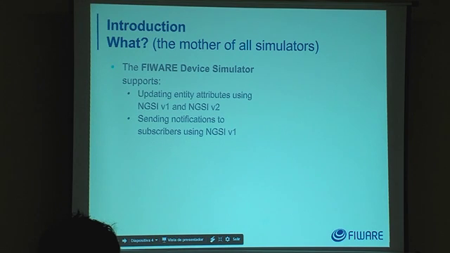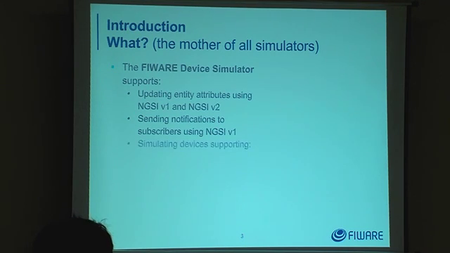You can also use it to send notifications to subscribers, typically to the Cygnus component or to the short time historic, as a way to simulate the notifications that the context broker typically sends. You can also use it to simulate, as I said, almost any kind of devices. You can simulate ultralight devices via HTTP and MQTT, and also JSON devices, so to call them, basically devices which send JSON payloads.